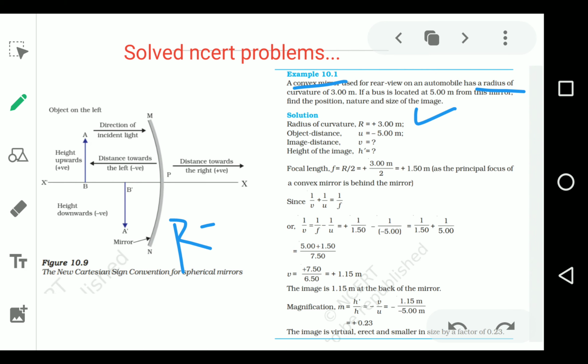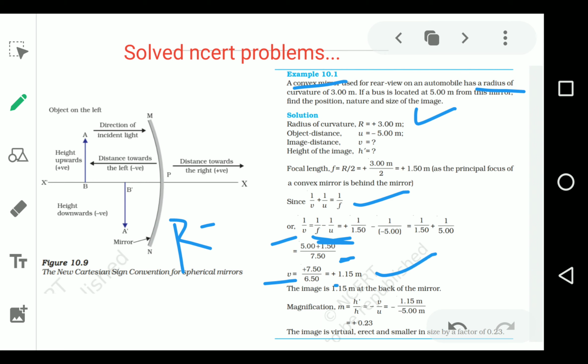So 1 by v will be equal to 1 by f minus 1 by u. Now put the values of f and u, and you are going to get 1 by v is equal to 6.5 by 7.5. Okay, 5 plus 1.5 here, so 6.5 by 7.5. So v will be equal to 1.15 meter.